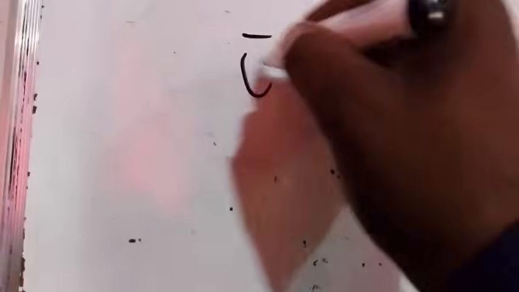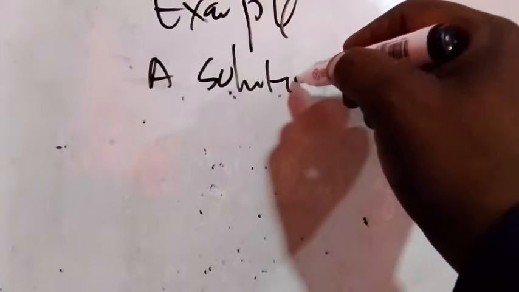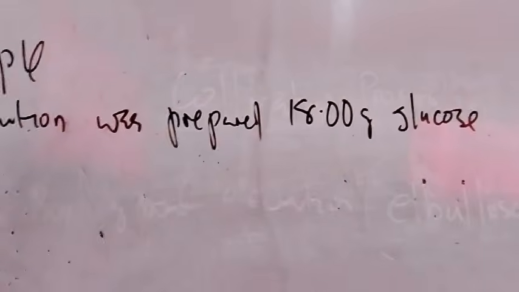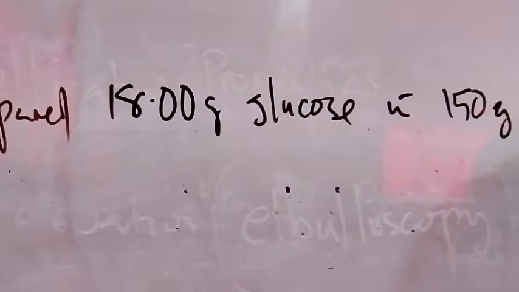Example: a solution was prepared by dissolving 18.00 grams of glucose in 150 grams of water.